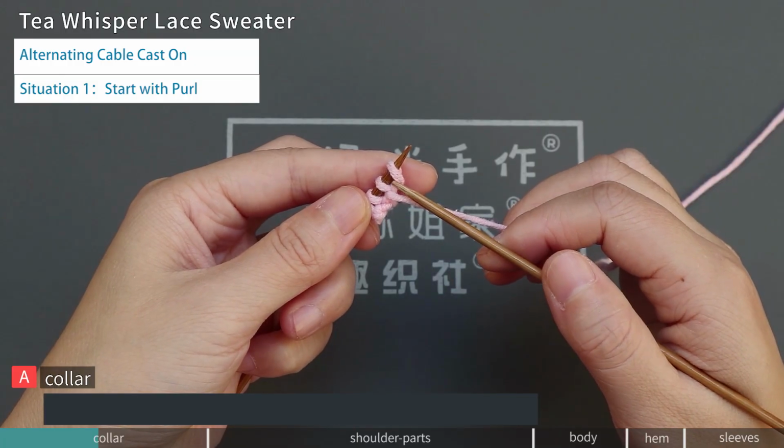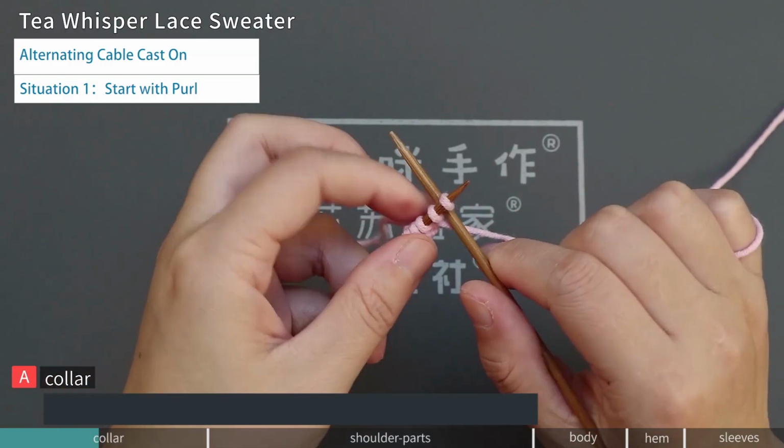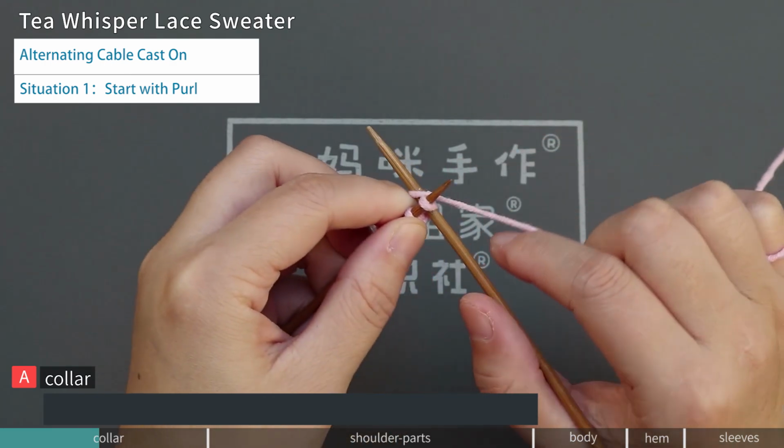Continue alternating between knit and purl stitches. If the yarn is above, work a knit stitch cast on.